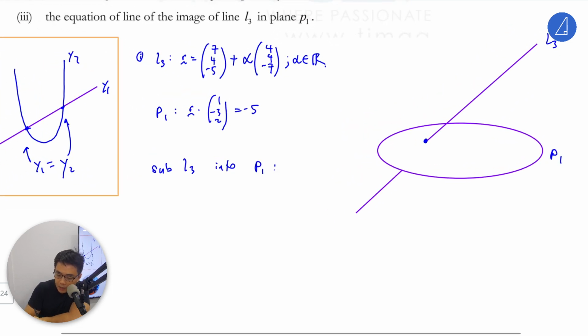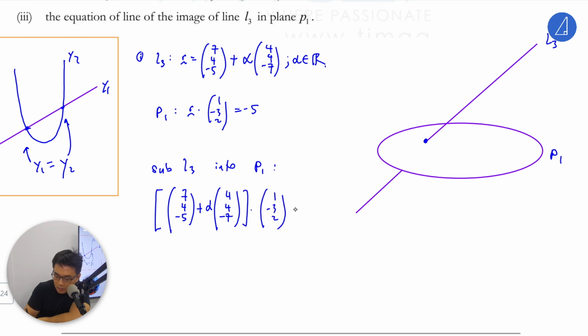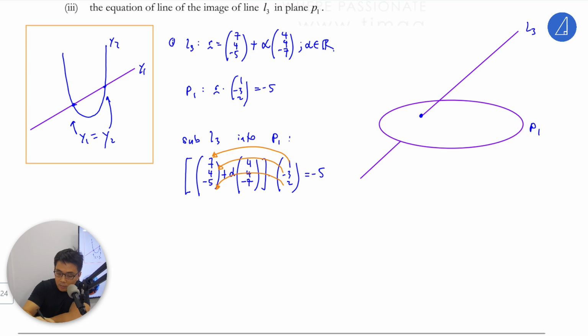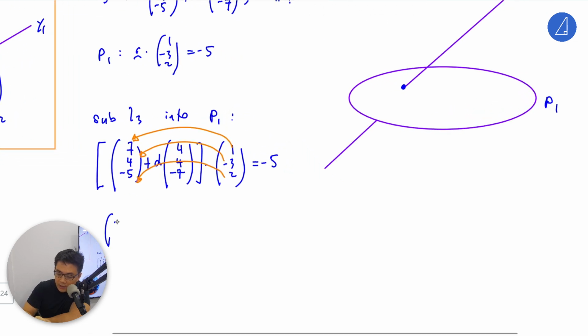That will be (7, 4, -5). What you do is you just replace this in, just dot them. The first one. Alpha is 4.